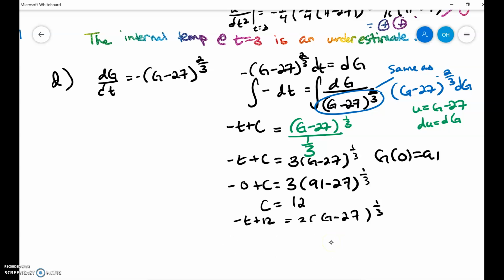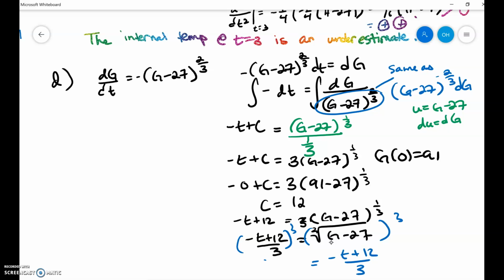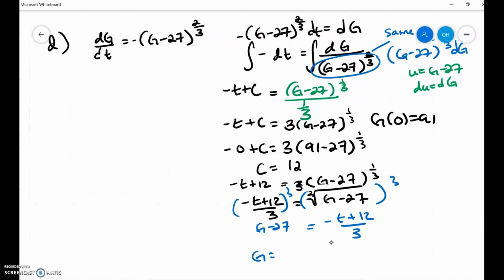I'm going to divide, so I have negative t plus 12 over 3 is equal to g minus 27 to the 1/3, essentially the cube root. And then I'm going to cube both sides, and I have negative t plus 12 over 3 cubed is equal to g minus 27. So g is equal to negative t plus 12 over 3, cubed, plus 27.